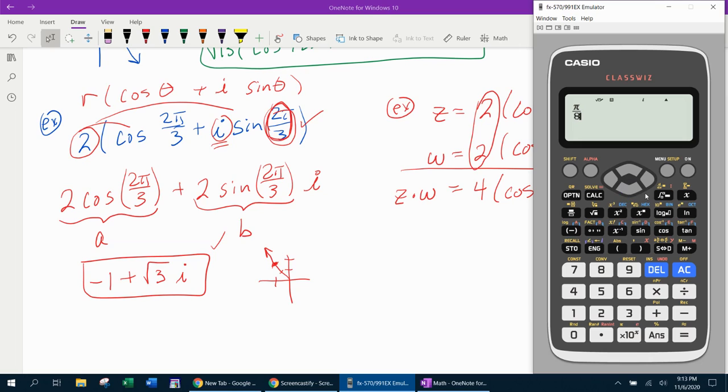Pi over 8 plus pi over 10. And some people may argue that it takes longer to type it in than it does to do it by hand. What I like about doing it with the calculator is it takes out the human error. If I know how to input it correctly, I'm not going to make a human error, and it's going to give me the answer reduced to lowest terms. So the answer for our angle is going to be 9 pi over 40.